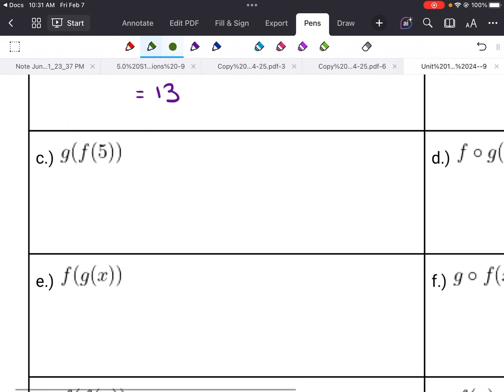Okay, C, so this is our first look at g of f of 5. Again, because the f of 5 is in the brackets, we have to do that part first. And I know we've already solved it above, but I'm going to just quickly do it again, just so we understand what is done first.